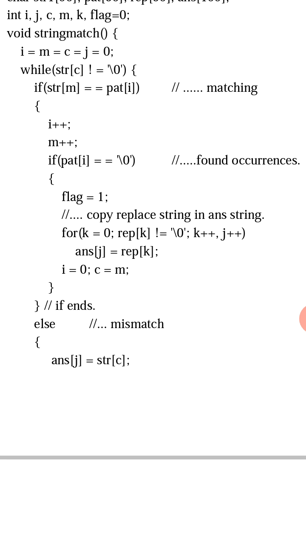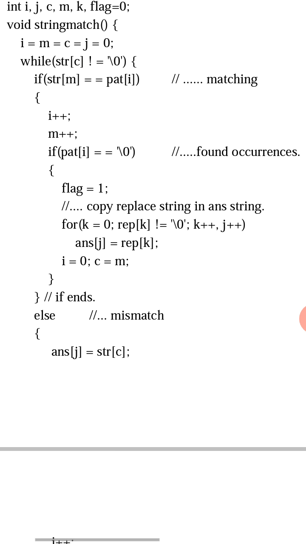And yes, we have copied our replacing string to the answer string, and again we need to start reading our main string from the position m. So hence I am saying c equal to m.